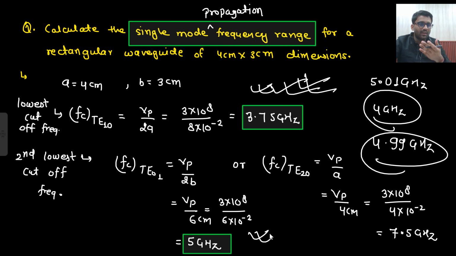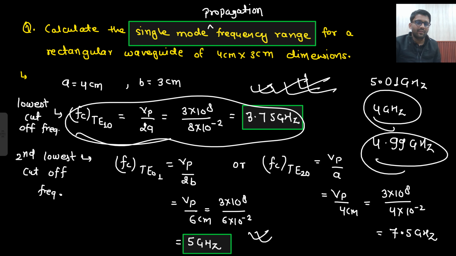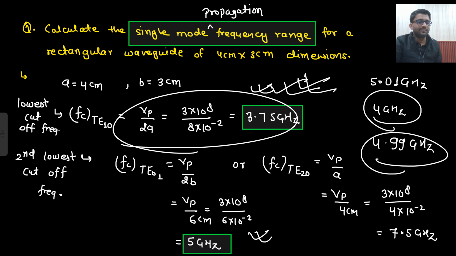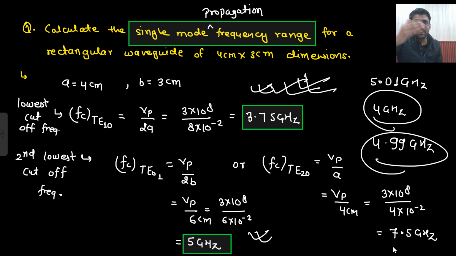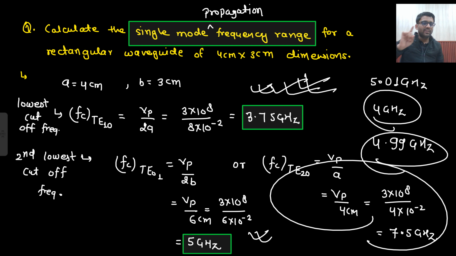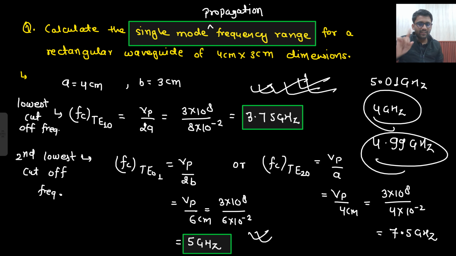I need to keep above 3.75 and below 5, because if I keep below 5, then only this mode will be propagated. But if I keep more than 5, that means this mode will also come. And if I keep more than 7.5, then this mode will come, and this mode will also come. So what they want? Single mode propagation.